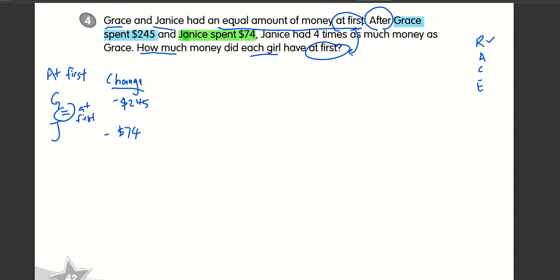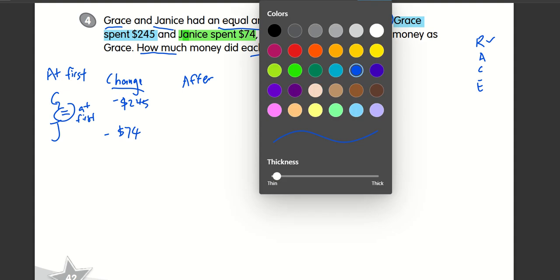Okay, as you can see, can you see the amount of money that Grace spent and the amount of money Janice spent? Who spent more? So when we look at the after relationship between the two of them, does it make sense to say that somebody has more and somebody has less? Yes, right? Because over here we see someone spending more money, someone spending less money.